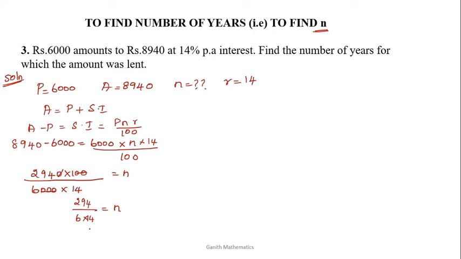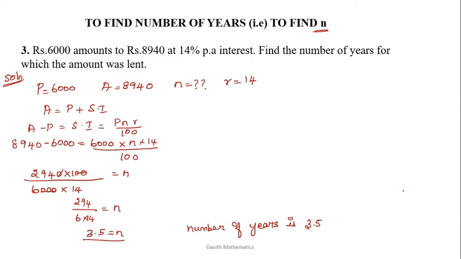So this answer is 3.5. So the number of years is 3.5. It means that the amount which he invests or is borrowing will be 8,940 within 3.5 years. Okay.